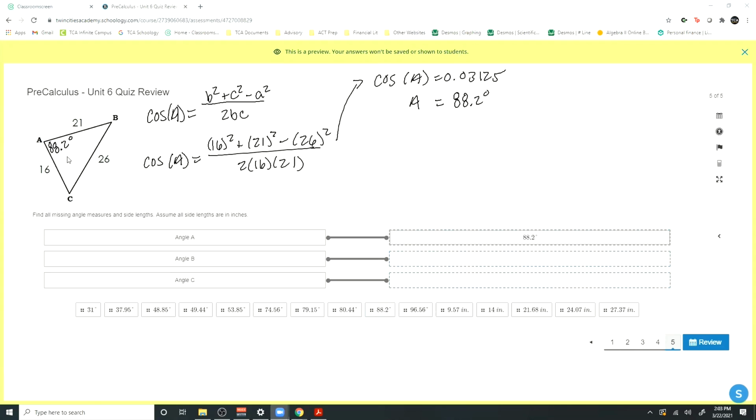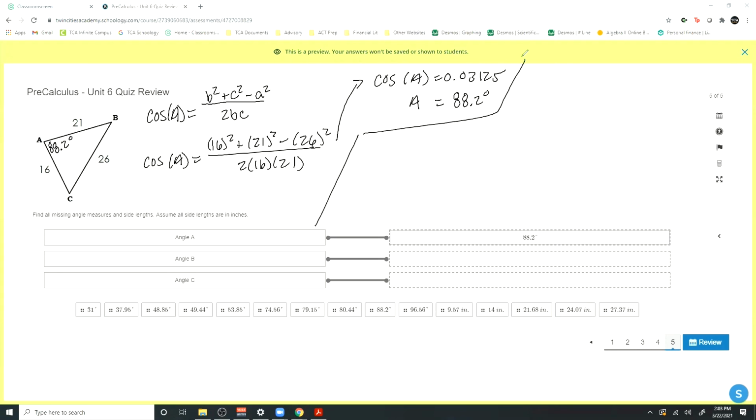And now that I know an angle and its opposite side length, I no longer have to use law of cosines. If I'm more familiar with, and I prefer the law of sines, I can now say the sine of A over little a is equal to the sine of B over little b, and solve for the unknown there.